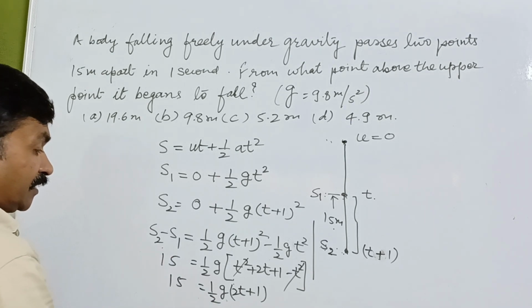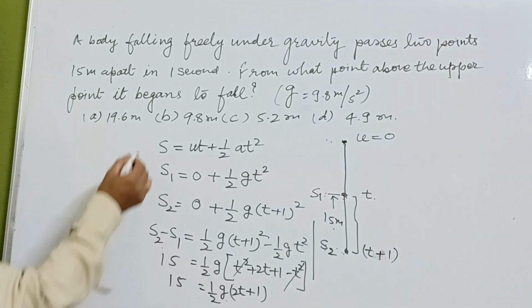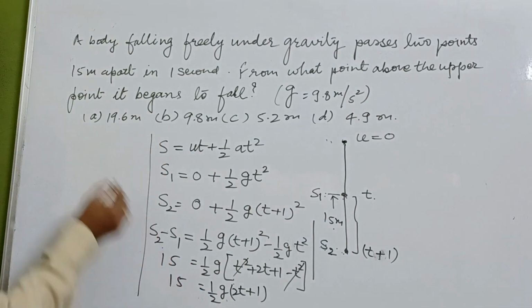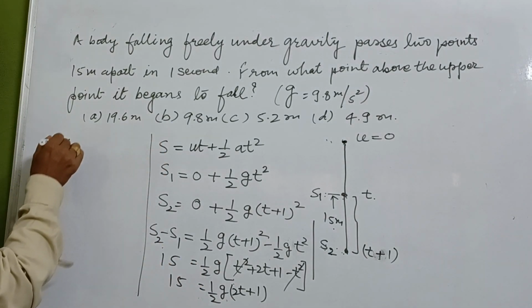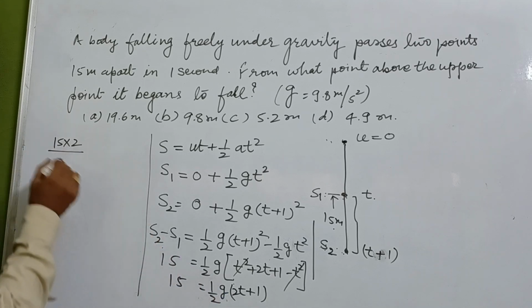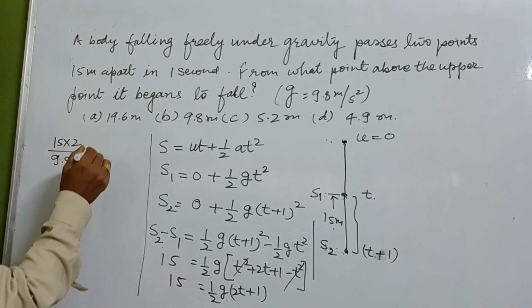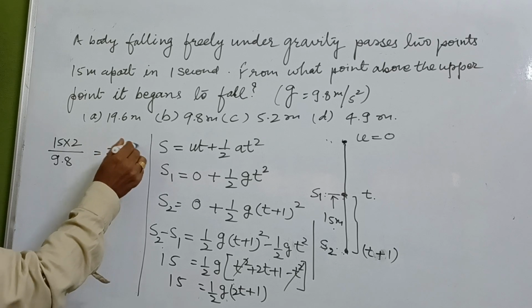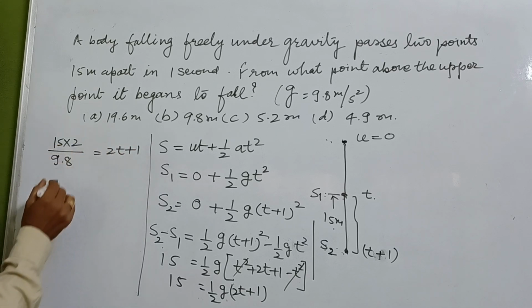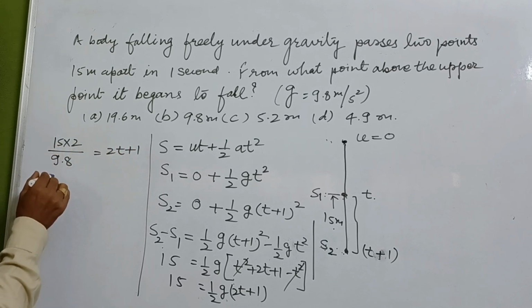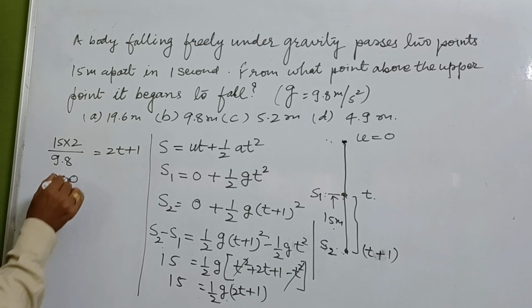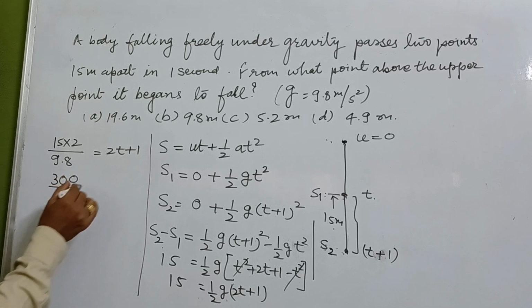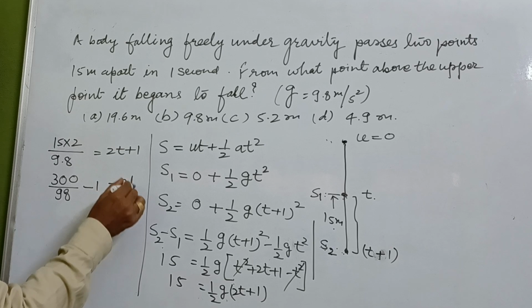Now if we calculate, it is 15 into 2 divided by g, the value of g is 9.8, which is equal to 2t plus 1. Now 15 into 2 is 30, and with the decimal it is 300 upon 98, minus 1, which is equal to 2t.